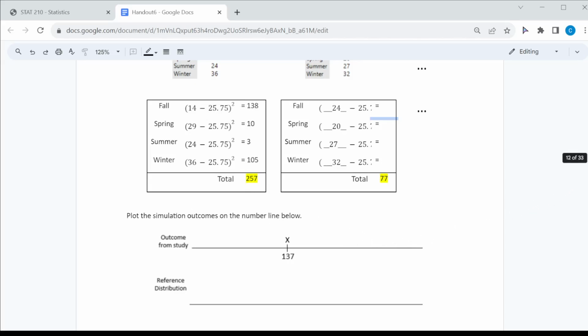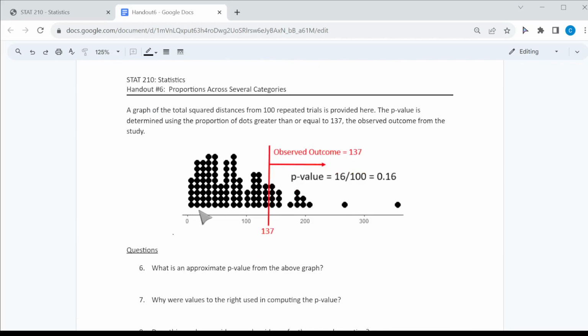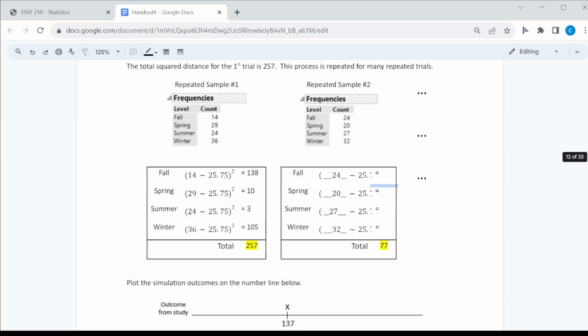Now, one thing that's going to happen here is I'm going to end up with a lot of dots on this low end. That is because I would anticipate a lot of these counts to be pretty close to the expected. So when you take a small 24 minus 25.75, that's like 1.75 or whatever, and then I square that, that's going to stay a pretty small number.